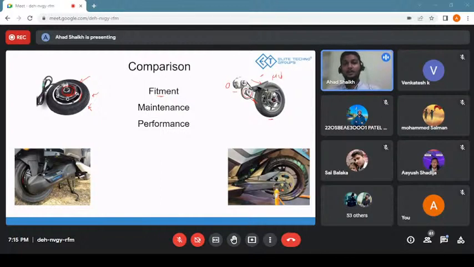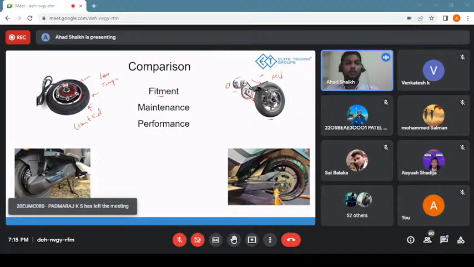Definitely. So moving ahead with the performance part, in terms of the BLDC hub motor, we get limited performance, right? Because, as we talked earlier, it comes with low speed and the torque we are getting is limited to what the motor is producing. We cannot increase it at the wheel side, and that's why we cannot build a high performance vehicle using hub motors.